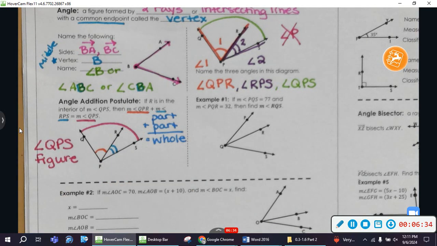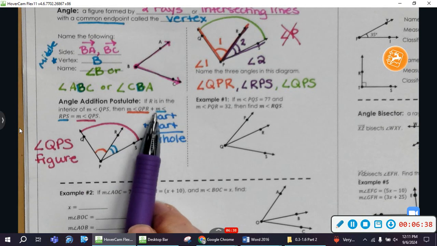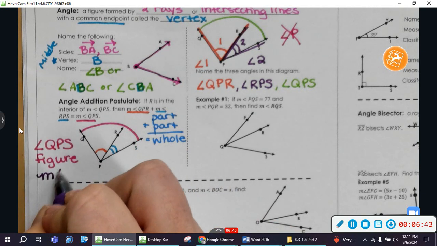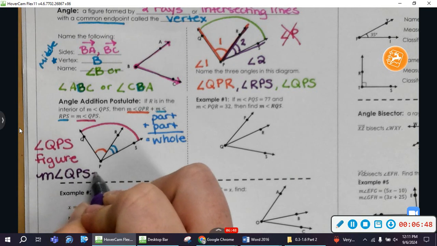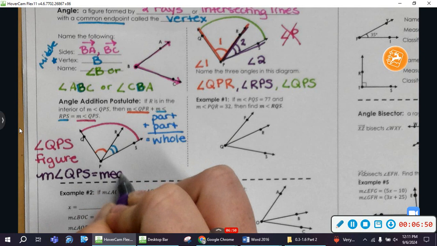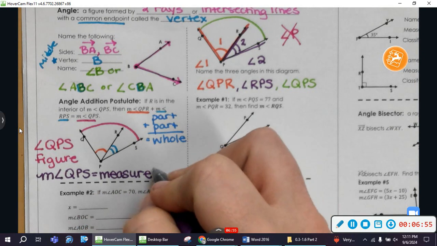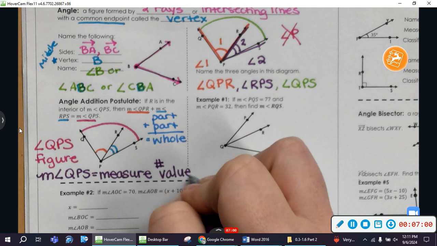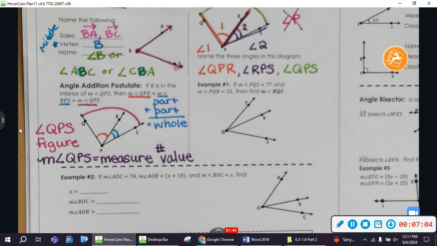Well, if you look above, we actually have a little m in front of each angle. That little m means the measure. The m is asking for what is the measure of that angle, and the measure is its number value, its numerical value. So I can apply this angle addition postulate to my next problem.